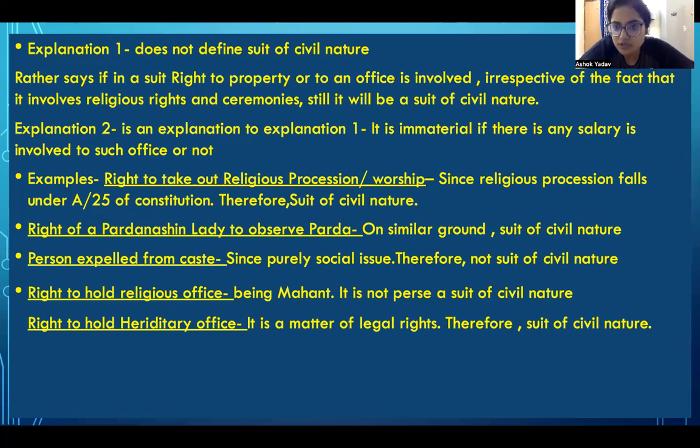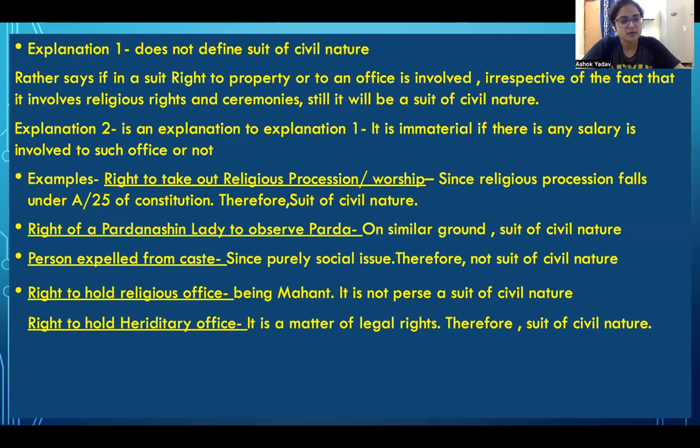Since a religious procession falls under Article 25 of the Constitution, that is, it is a legal right under our Indian Constitution, there is a legal right involved and a social religious issue also involved. So this is a suit of civil nature.